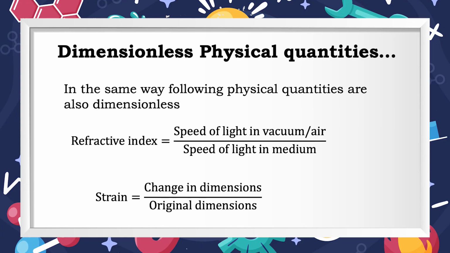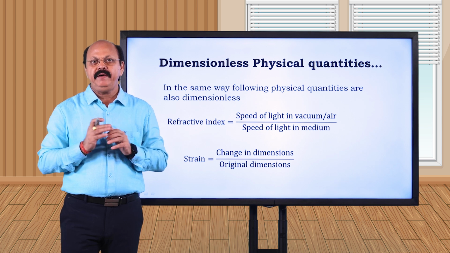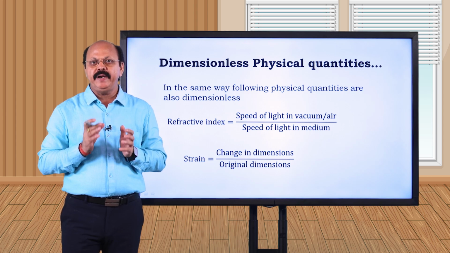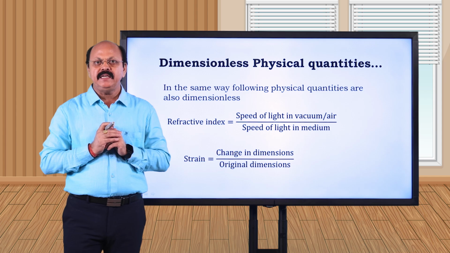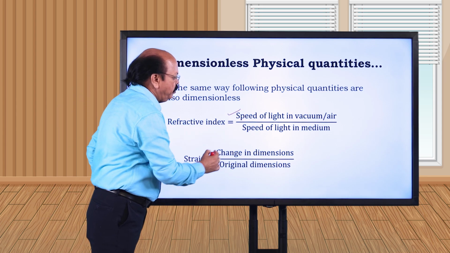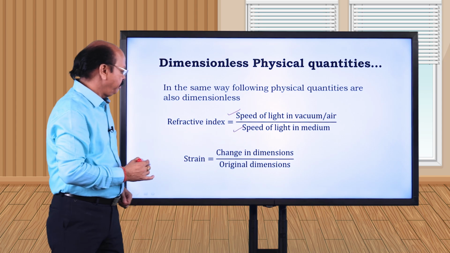In the same way, other physical quantities like refractive index and strain also do not have dimensions, because they have the same physical quantities in numerator and denominator. The formula of refractive index is the speed of light in vacuum or in air divided by the speed of light in the medium.